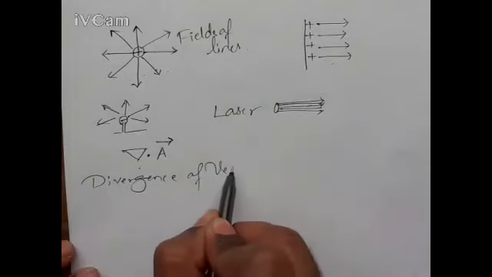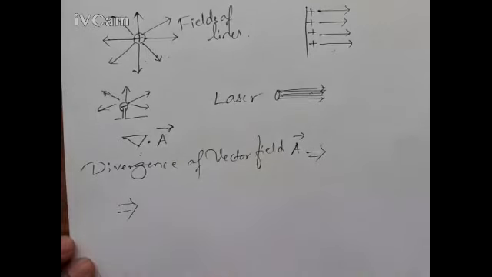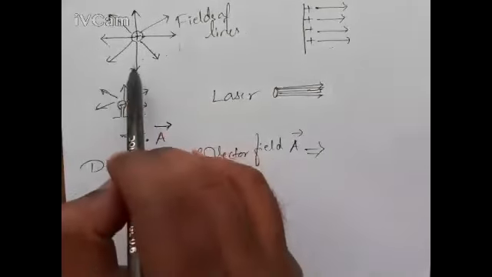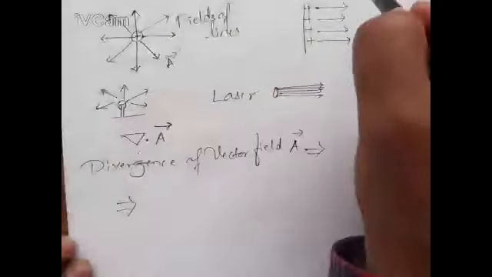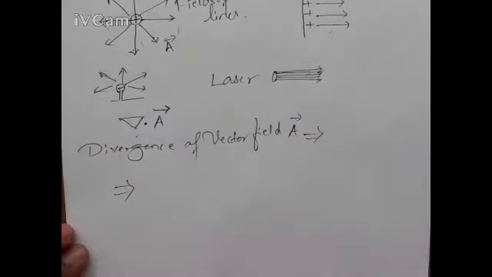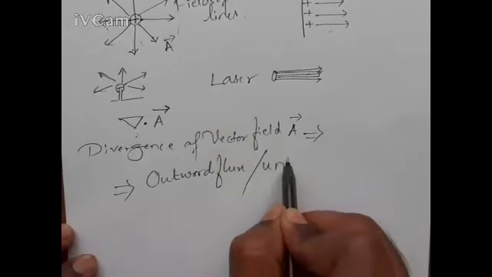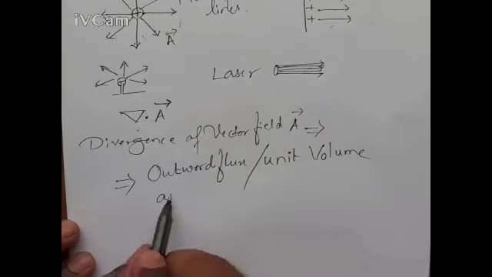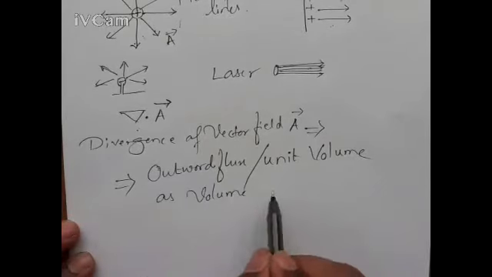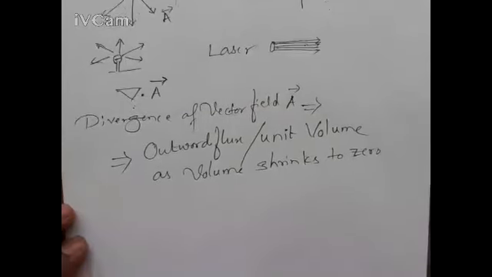The divergence of a vector field A: this field around this point charge, you can take it as field A. Its divergence can be given as outward flux per unit volume, as the volume shrinks to zero. Let us analyze this definition.